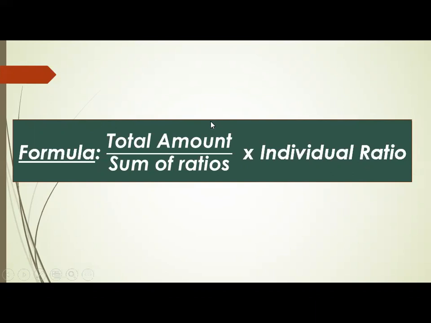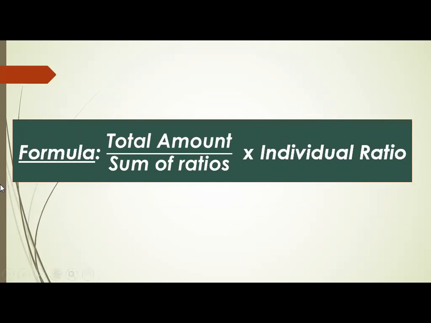When we divide any quantity according to any desired ratio, this is called the proportional division, and the formula is given like this: total amount over sum of ratio multiplied by individual ratio.